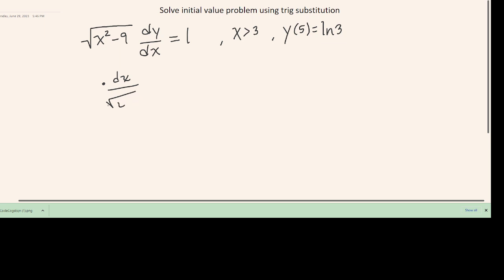Let's write that better. X squared minus 9 on both sides, which will give us dy equals dx over the square root of x squared minus 9.